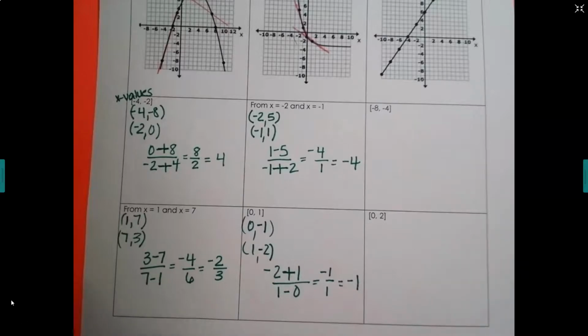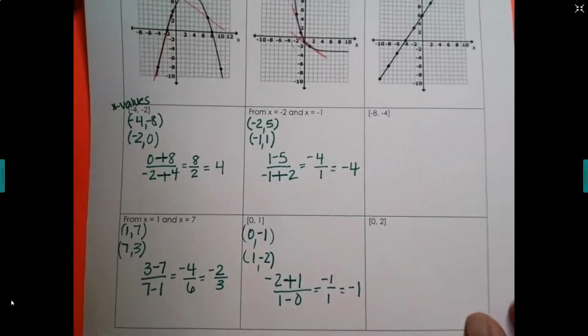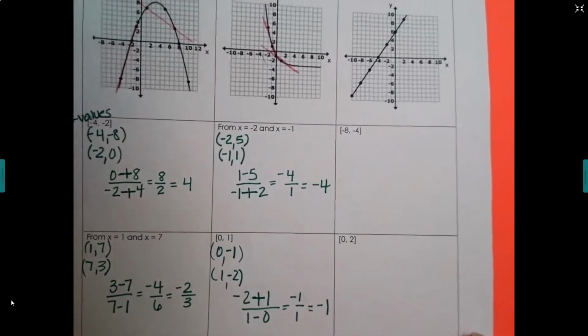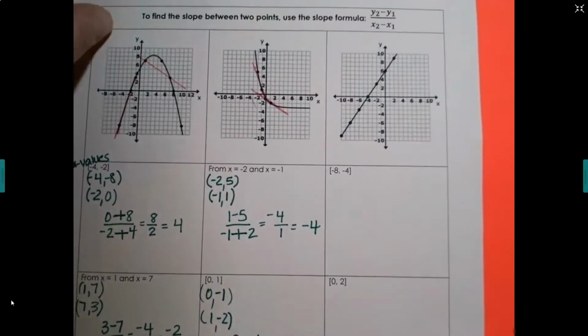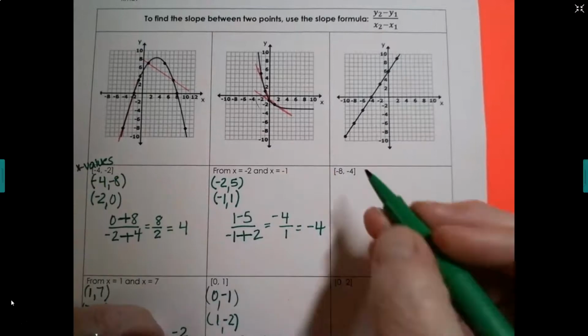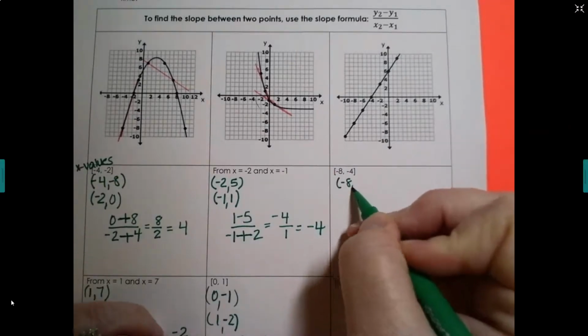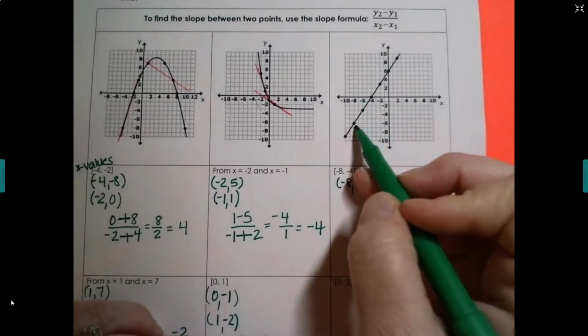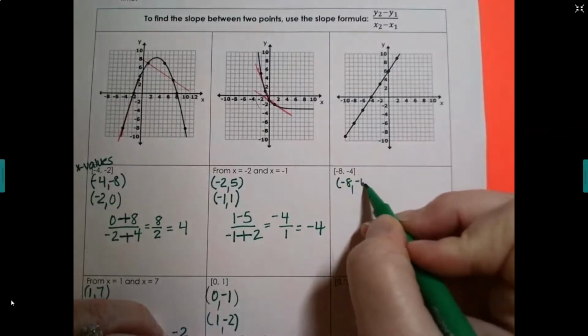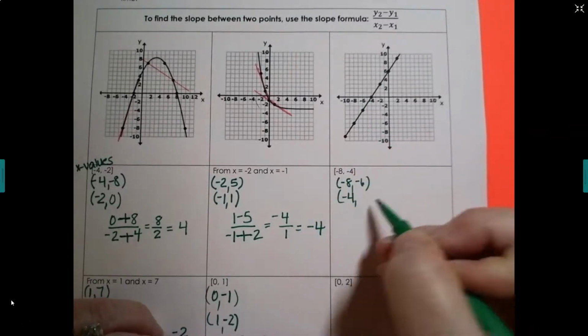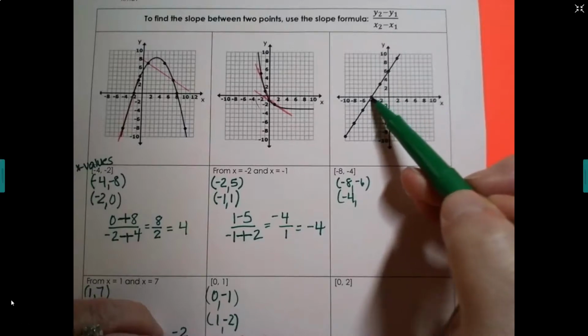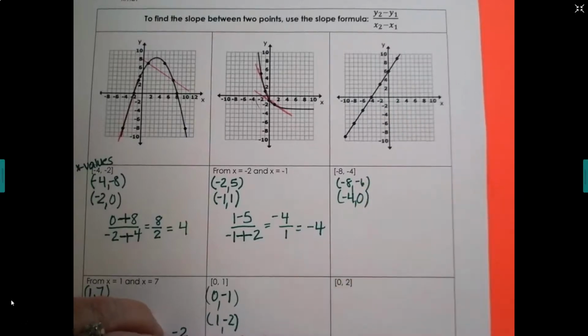All right, our last one we're going to talk about is our linear function. So for our linear function, we're going to go from -8 to -4. So at -8, my y value there will be -6. At -4, my y value, it's right there on the x-axis, will be 0.